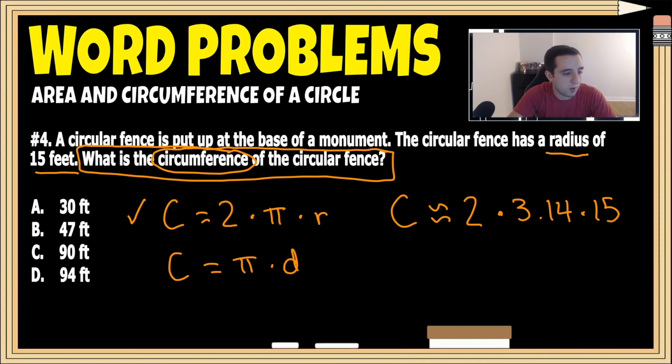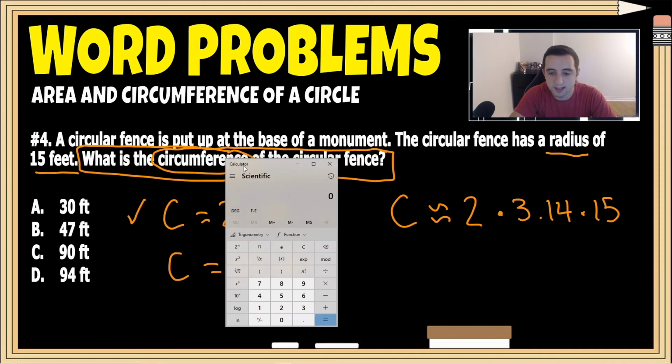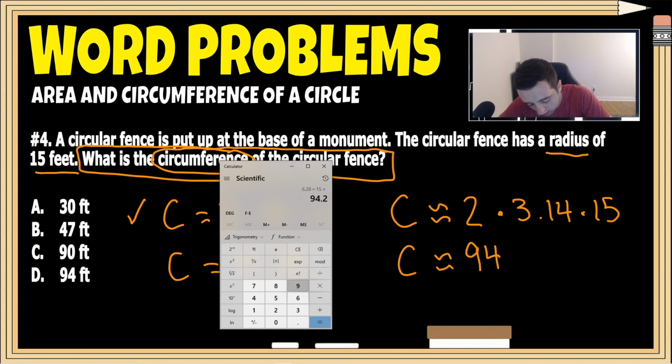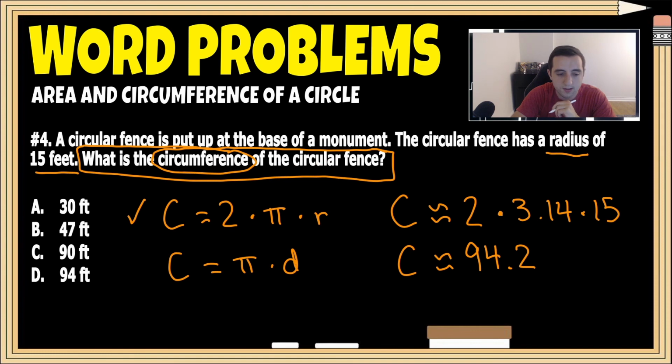And then let's go ahead and multiply these together. So we have 2 times 3.14, we get 6.28, and then let's multiply that by 15. So our circumference is approximately 94.2. Now, looking at our answer choices, the only one that would make sense is D, 94 feet, right?